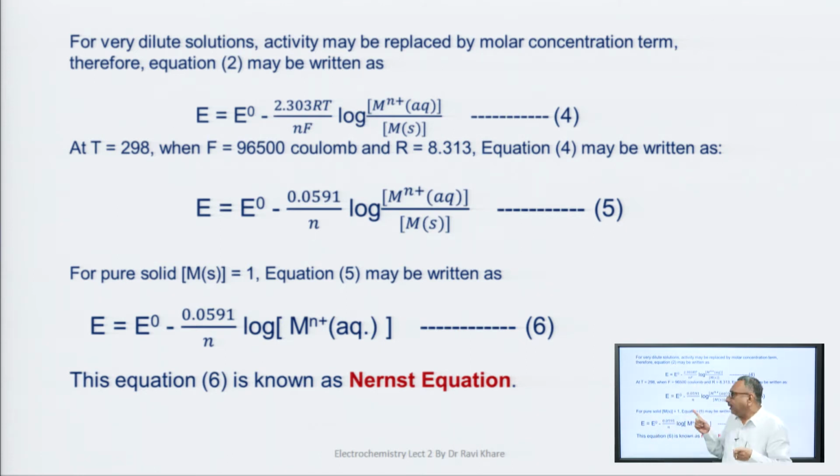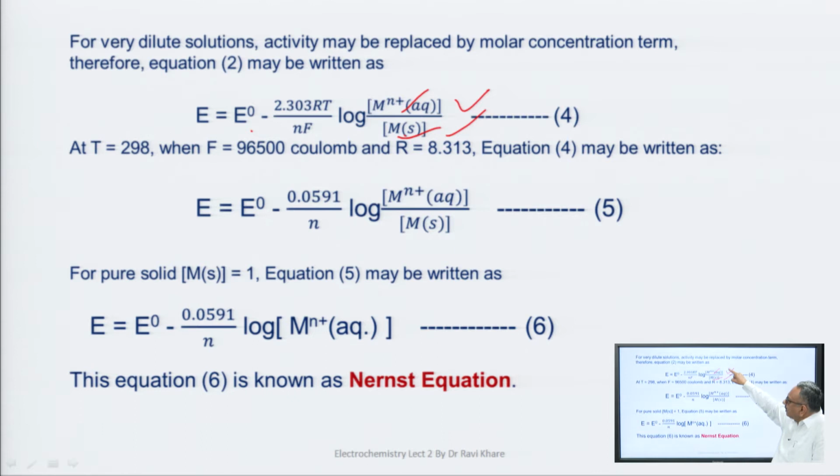Therefore, equation 2 may be converted in this form: E is equal to E 0 minus 2.303 RT upon nF log of concentration of metallic ion upon concentration of metal, the active mass of metal.